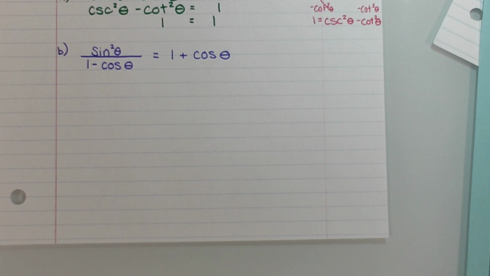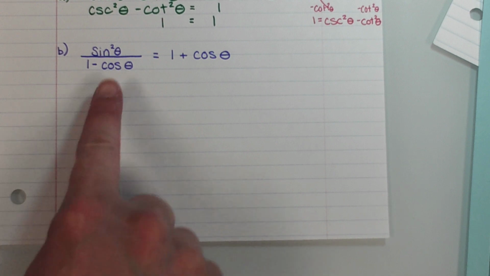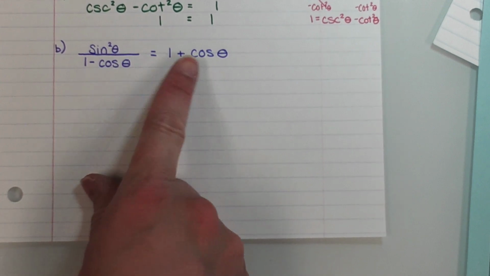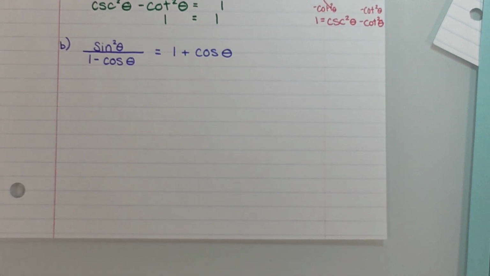Sine squared over 1 minus cosine equals 1 plus cosine. Are the angles the same? Do you have multiplied reciprocals? Squared trig pluses or minuses with 1? No, I've got regular trig pluses or minuses with 1, but those are not Pythagorean identities.